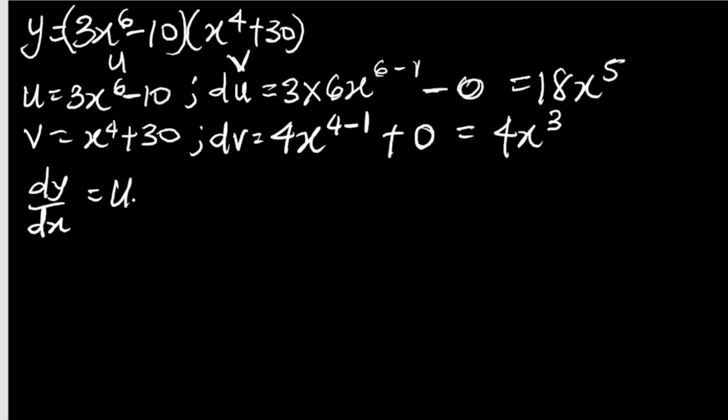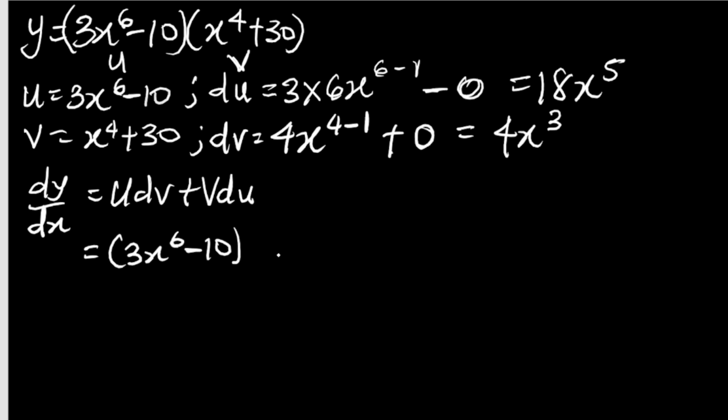So the formula is dy over dx equals u dv plus v du. Our u is 3x raised to the power of 6 minus 10, and we have dv to be 4x raised to the power of 3.